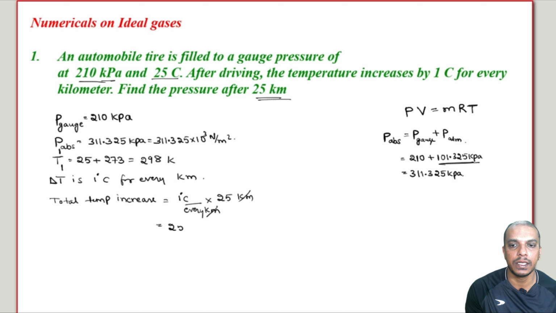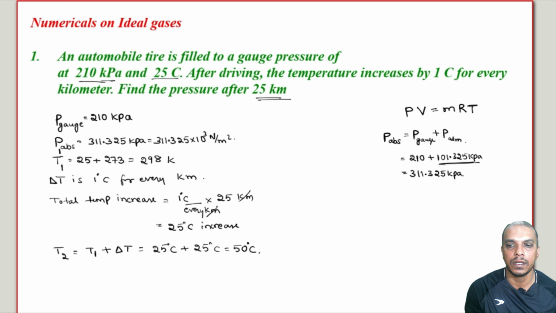So, you will have a 25 degree Celsius increase, which means T2 is initial temperature plus delta T. So, initial temperature is 25 degrees Celsius plus delta T of 25 degrees Celsius. So, the total temperature after driving 25 kilometers will be 50 degrees Celsius. Therefore, T2 in terms of Kelvin will be 50 plus 273. So, that will give us 323 Kelvin.